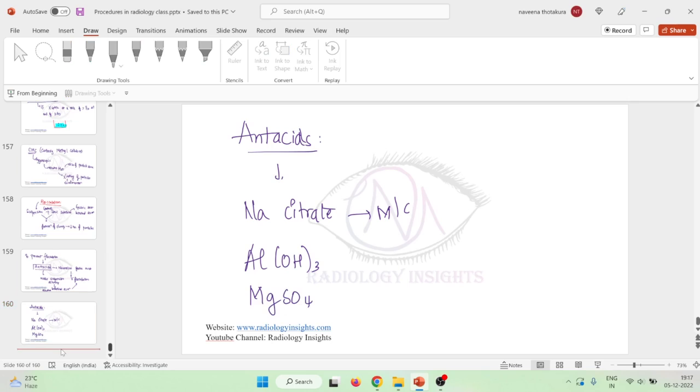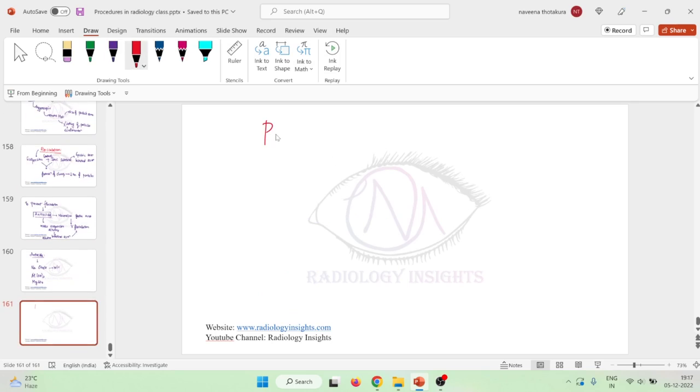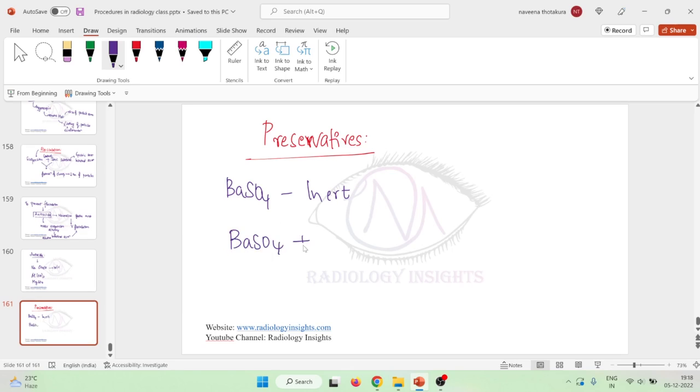Then the next important thing which can affect the viscosity and coating of mucosa is preservatives. If you see, barium sulfate normally is inert. But when barium sulfate is added with additives, these additives will activate fungal growth.